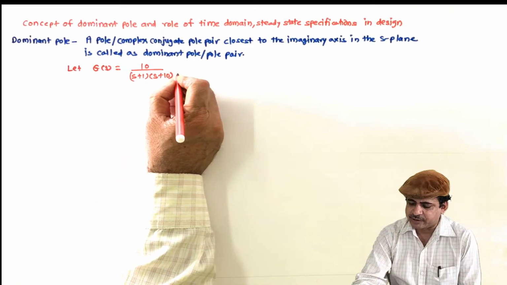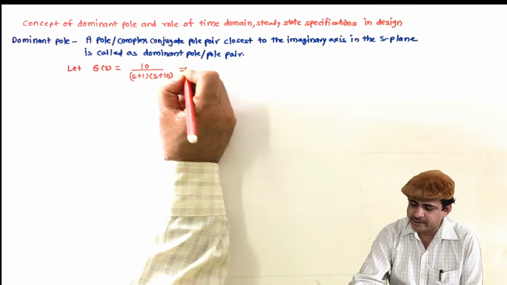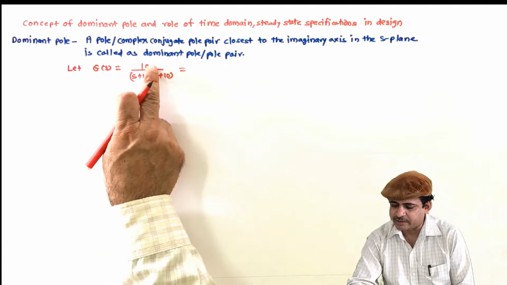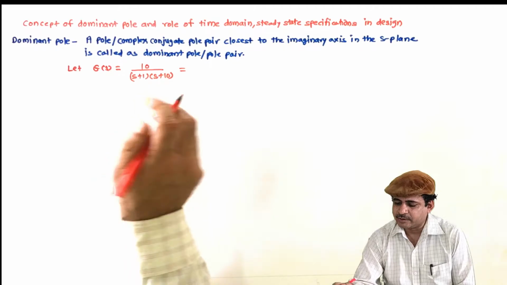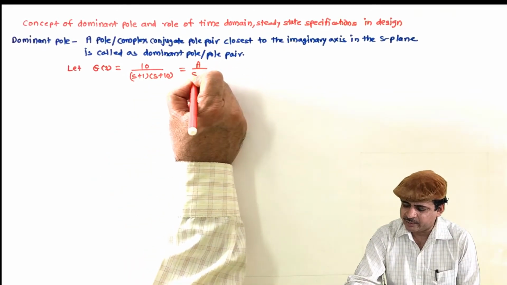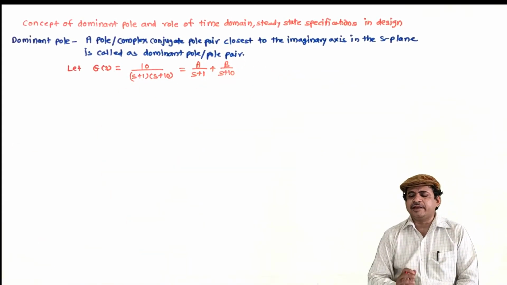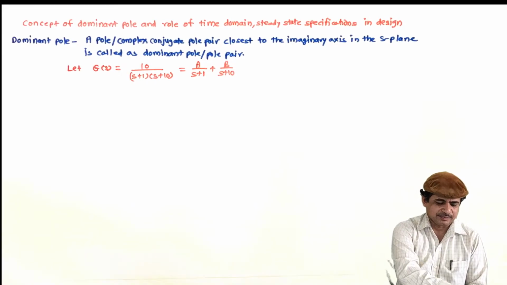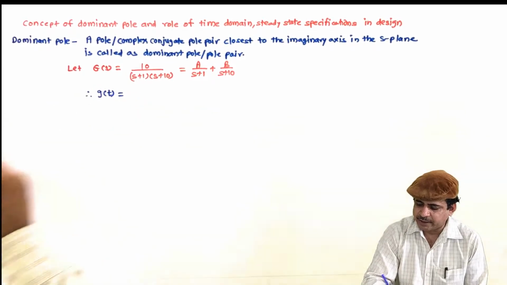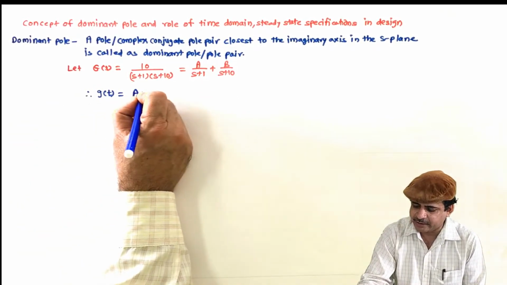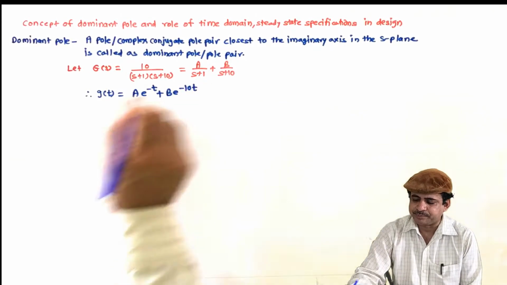And by partial fractions, it can be written as A upon S plus 1 plus B upon S plus 10, where A and B can be calculated using partial fractions. So its impulse response, by taking inverse Laplace of this, we get A e raised to minus t plus B e raised to minus 10t.